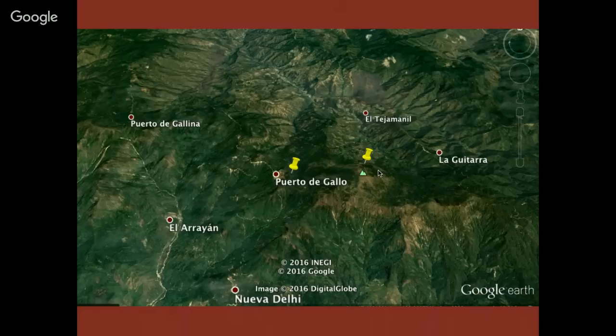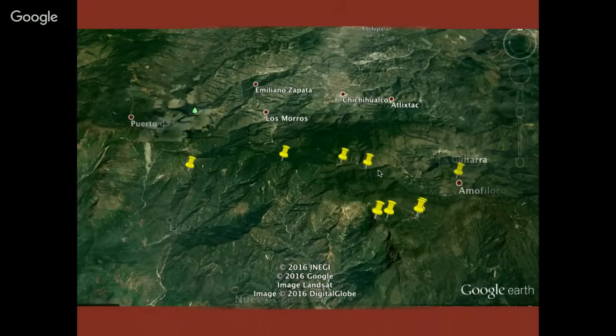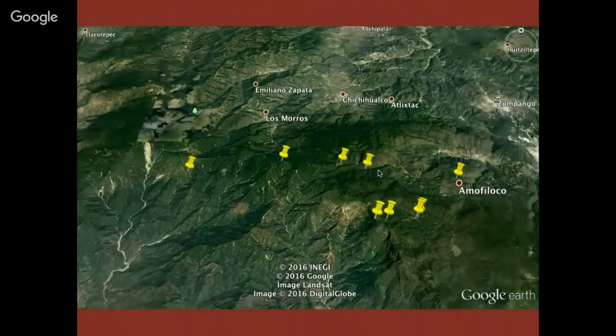Those are correct. Let's look at that middle cluster. There's an old collecting locality called Omiltemi, which I believe is somewhere in this valley. But this area definitely holds this species, and I am not terribly concerned about the accuracy. This record is a little bit low, but I believe the species could easily be present there.